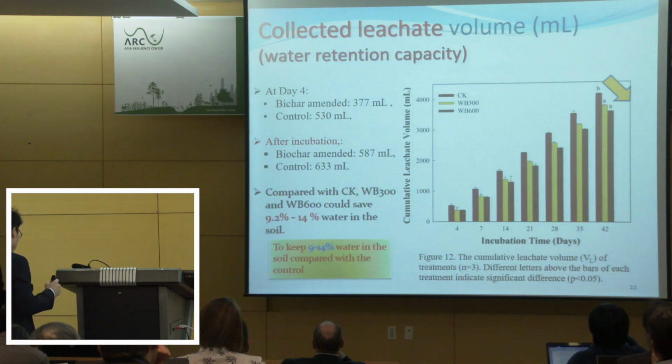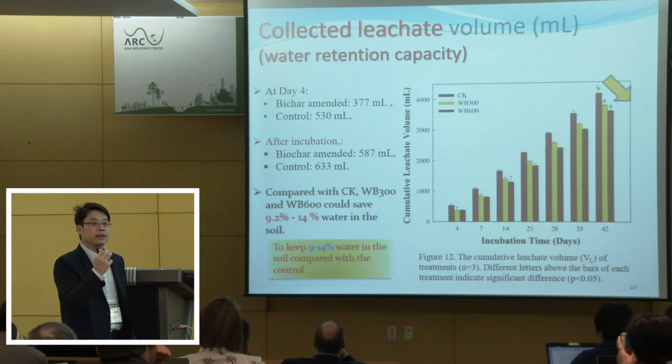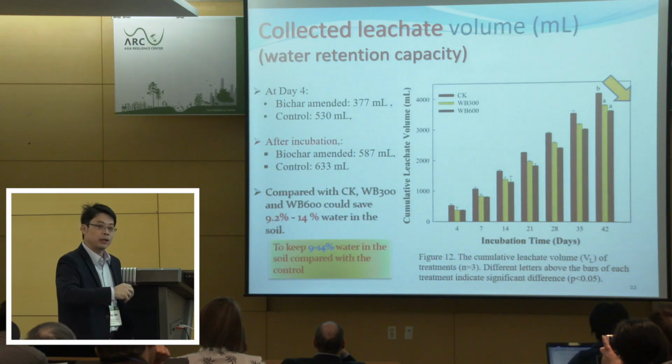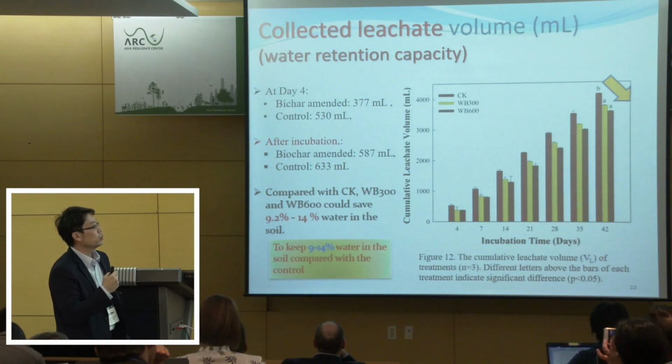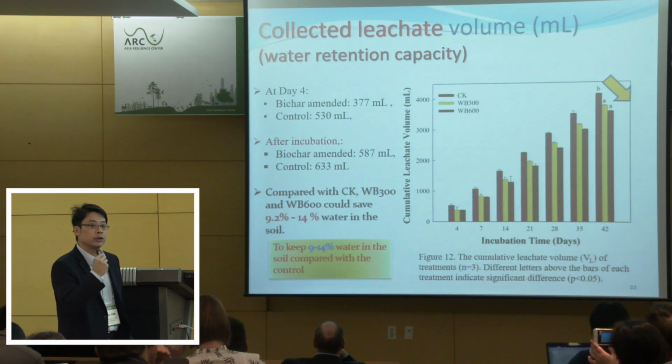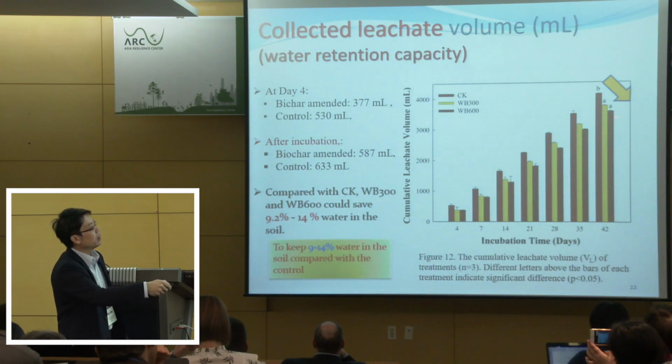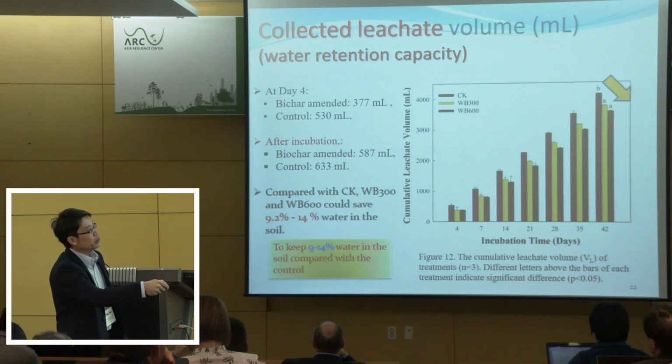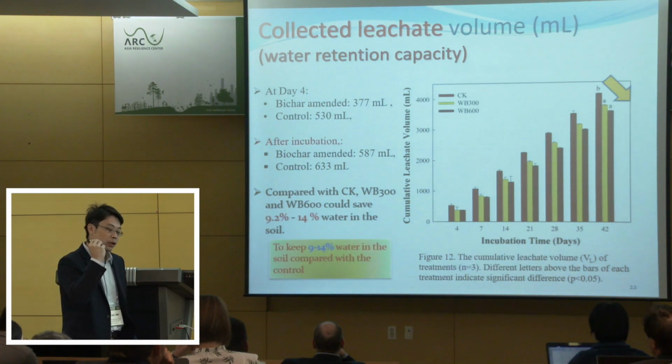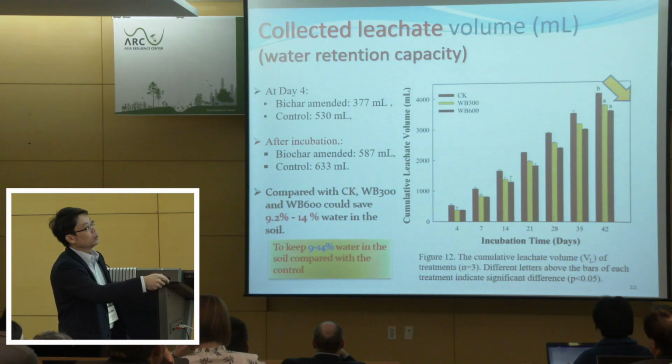So let's take a look at the leachate. We also collected the leachate volume after incubation because we want to check the water retention capacity. For the high temperature biochar amended soil, the leachate volume is much less than the other two treatments.